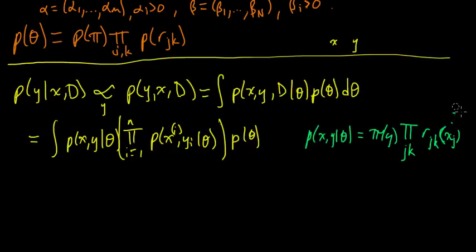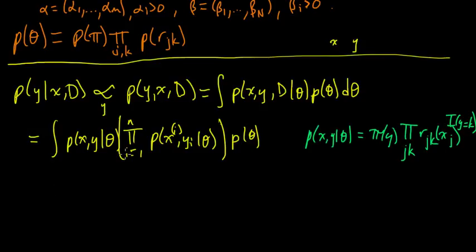I don't quite have enough space, so let me rewrite that. It's r_jk of x_j to the indicator that y equals k. And that's true because when y equals k, then we just recover the original one with y here instead of k. And if y is not equal to k, then it's 0, so all those just go away.